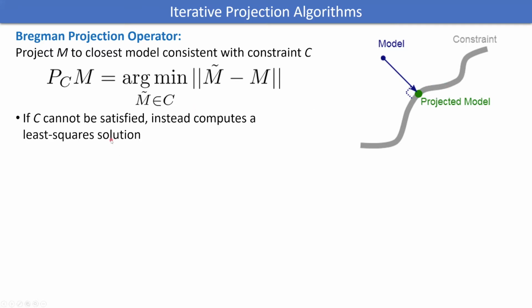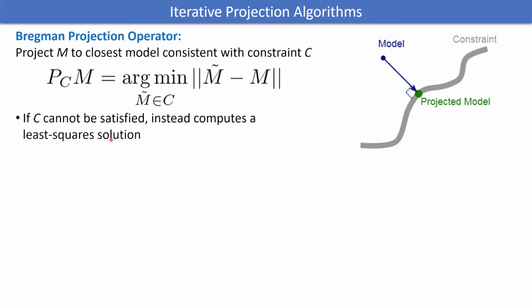And there are various ways to generalize this definition as well. For example, if for some reason your constraint cannot be satisfied, the projection instead essentially computes a least squares solution to it. So in some sense, you can think of these projection operators as some kind of nonlinear generalization of a linear pseudo-inverse.